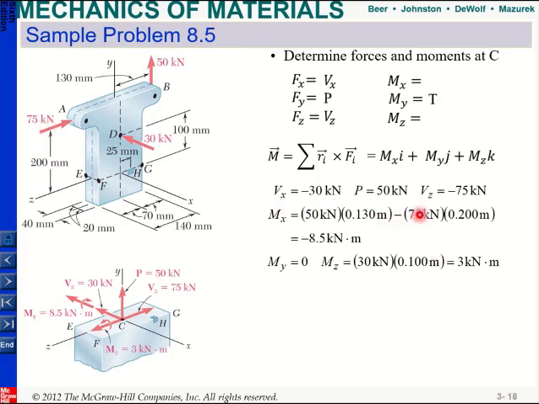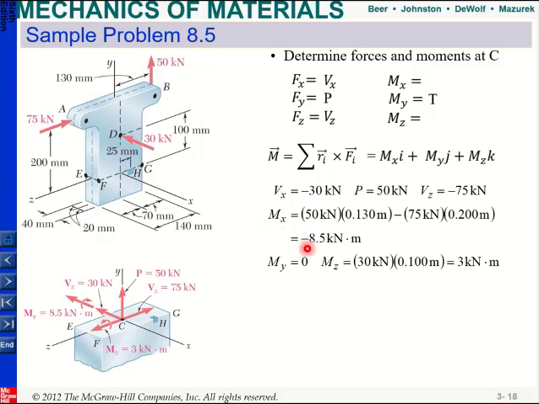So it's positive, negative, and this is the effect. I don't have any moment along the y direction, and Mz is equal to this distance, 100 millimeter times 30 kilonewton.